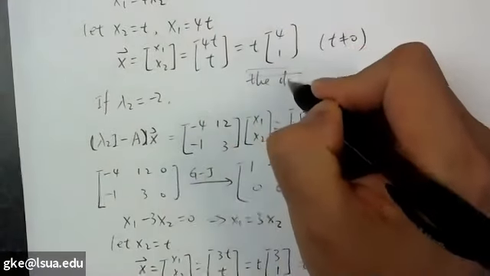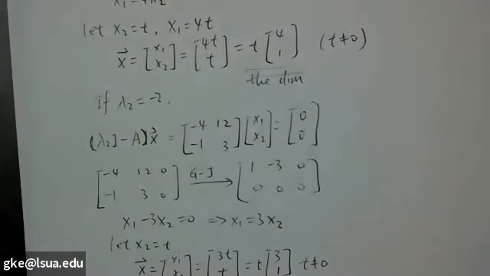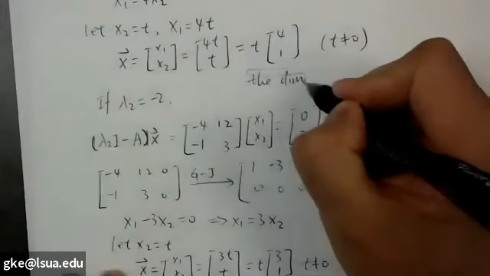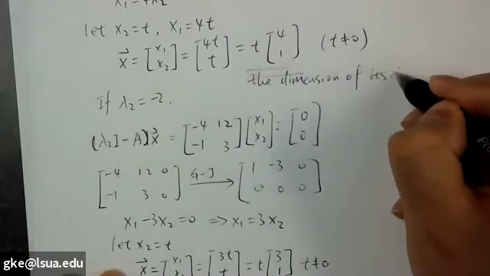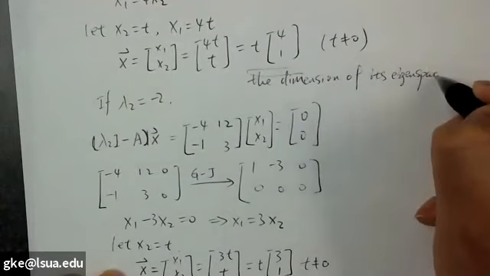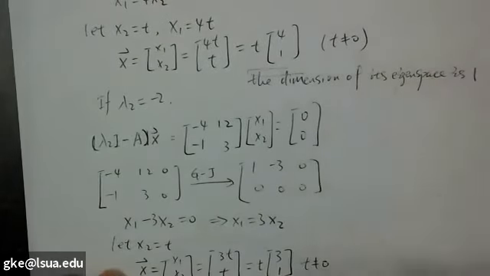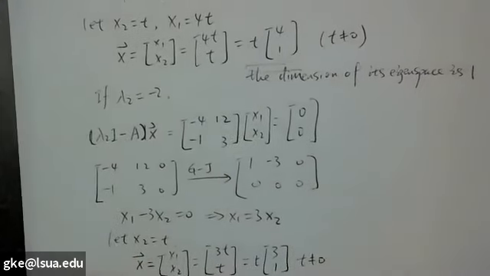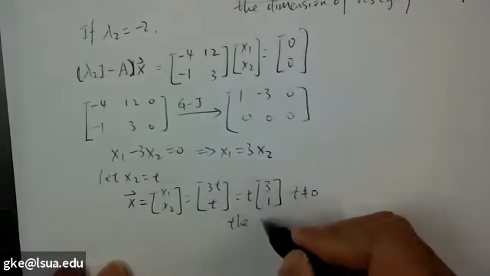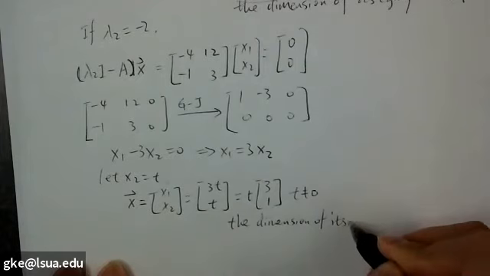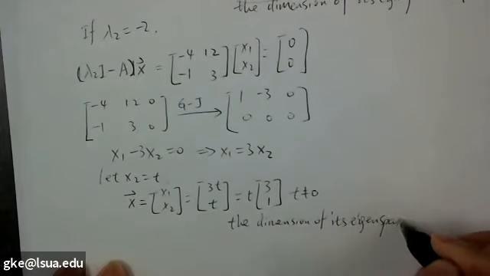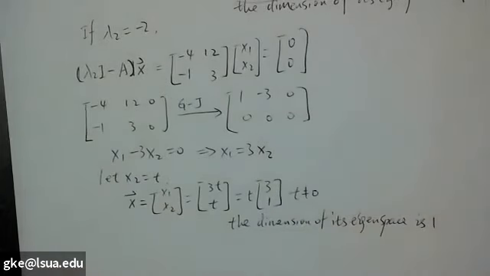The dimension of its eigenspace is 1. That's it. Now let's try the last example.